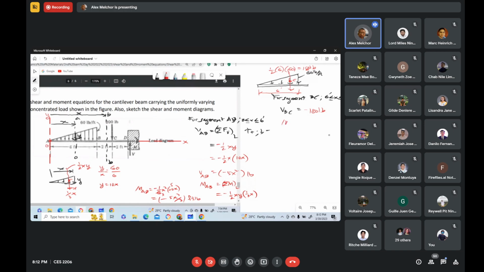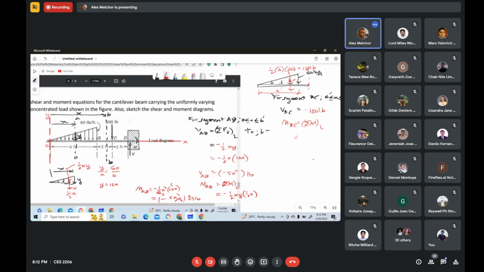Now the moment equation for segment BC is equal to summing up moments to the left of this section here. Sum up moments about that axis.